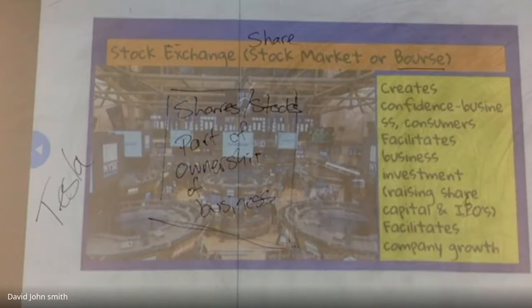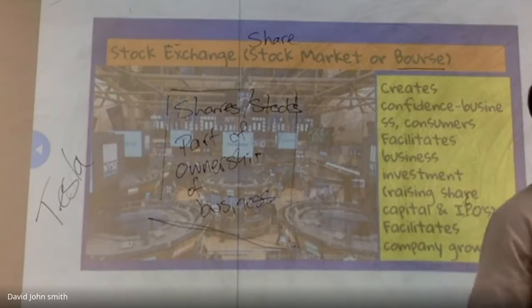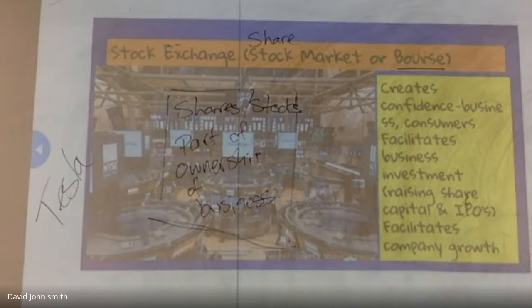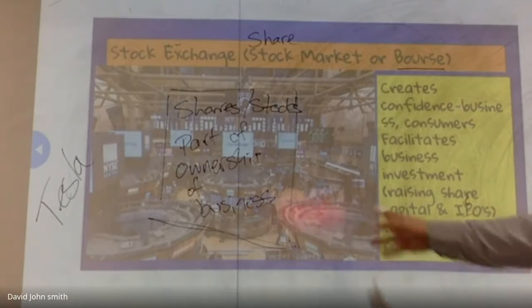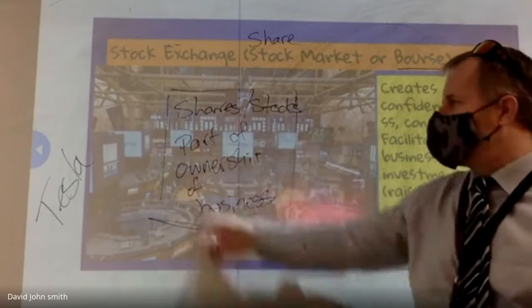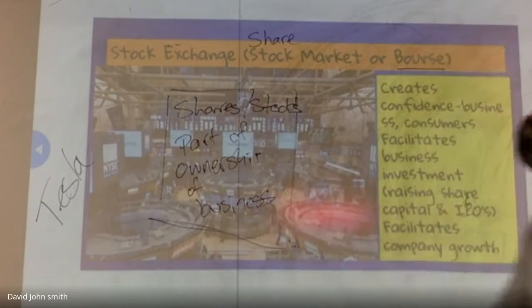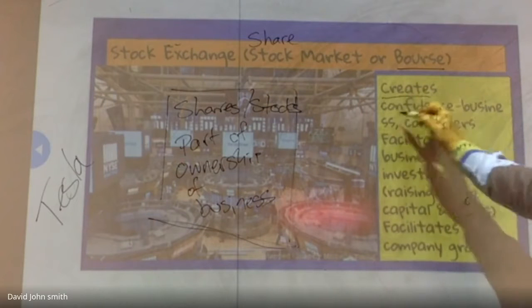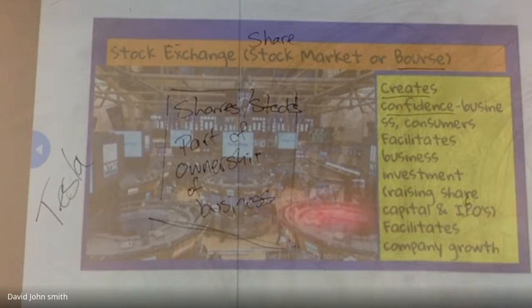Nowadays, of course, the stock market is looking at electronic currencies, and we've discussed those, the bitcoins, etc. That will probably happen eventually too, where those sorts of currencies will appear there. What does the stock market do? It does all of this trading of shares, and a lot of it is about creating confidence.